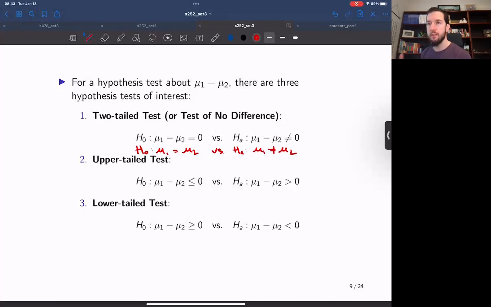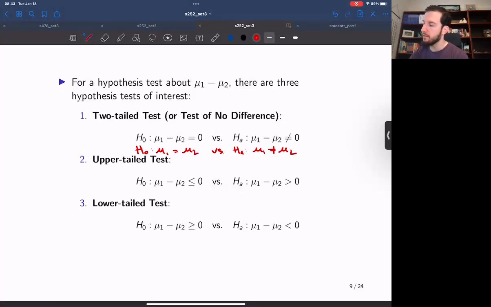Or is there evidence that the first population mean is smaller than the second population mean? This kind of idea. In those situations, it's fine to express the null and alternative directly in terms of that kind of description, which is what the hypotheses in red are illustrating.